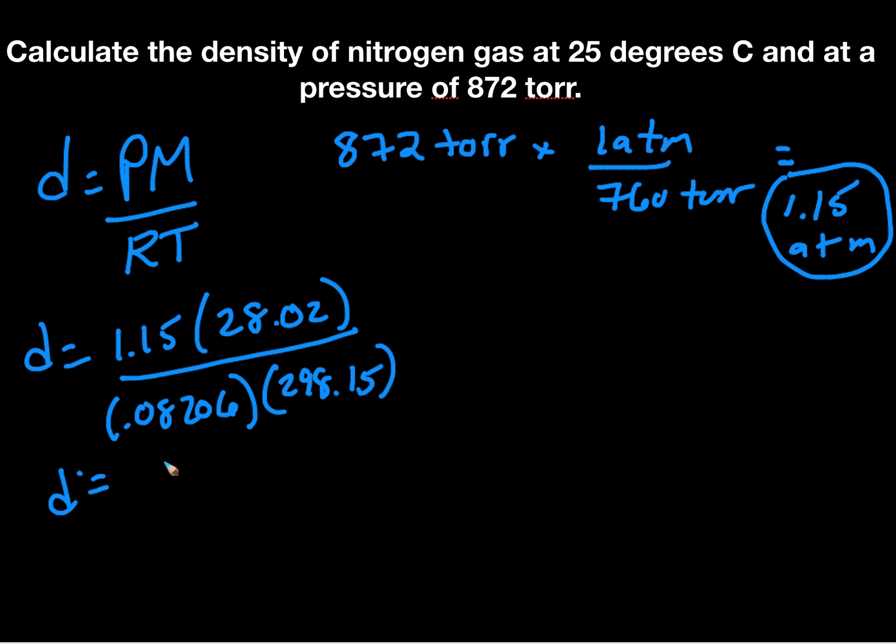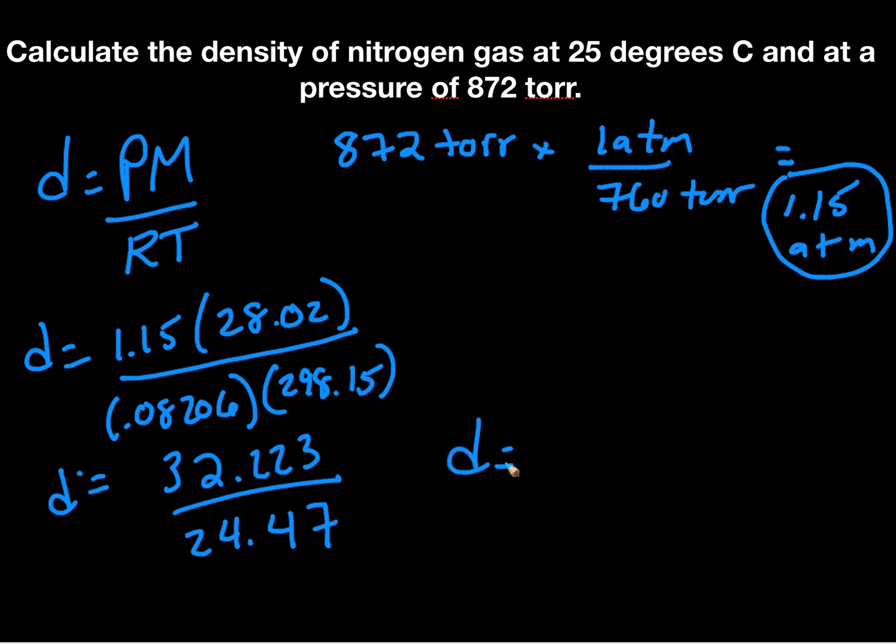So we'll have 32.223 on top, and on the bottom we'll have 24.47. So our density will be 1.32 grams per liter.